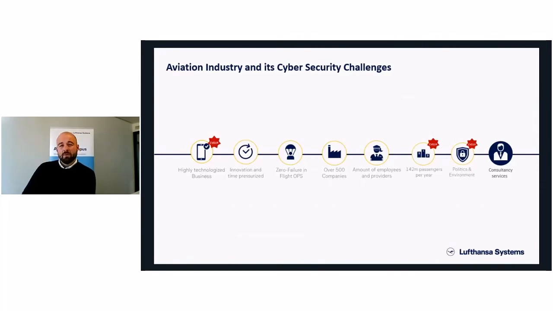We have more than 500 companies in one of the biggest aviation companies in Europe, and we have a massive amount of employees and providers. In normal times, we are transporting more than 240 million passengers per year. On top, we are dealing with a quite political and regulatory-driven environment.